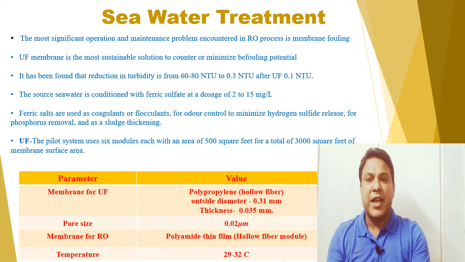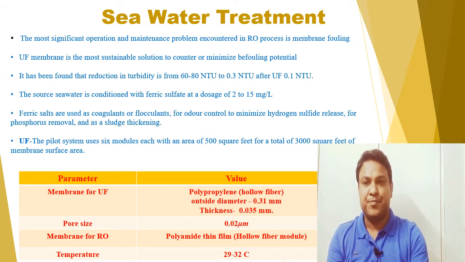To relate NTU and suspended solids, generally 1 milligram per liter, which is also noted as ppm, parts per million, is equivalent to 3 NTU. So 60 to 80 NTU means 180 to 240 milligrams per liter ppm, and 0.3 NTU is 0.9 milligrams per liter.